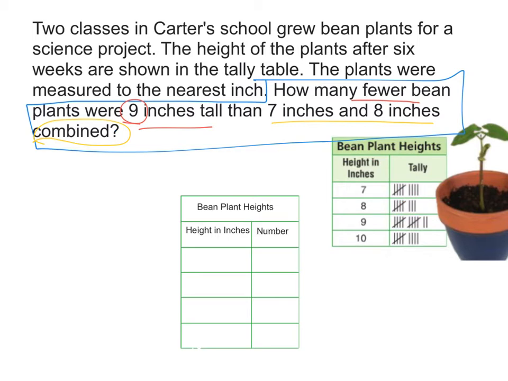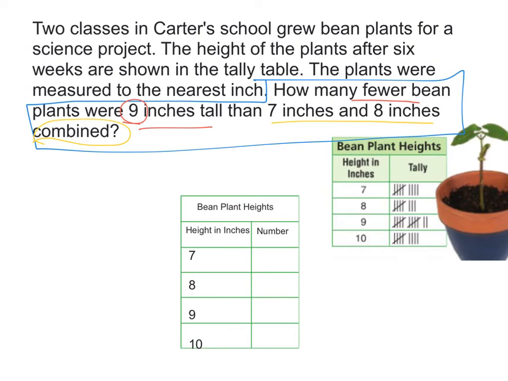Height in inches, but instead of tally, we're going to name this column number, since we're making a frequency table. So the height in inches, we can also get that straight off our tally table. That would be 7, 8, 9, 10.